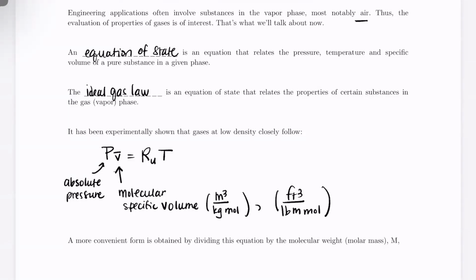T is temperature in absolute scale, so Kelvin or Rankine. And then R_U is the universal gas constant.